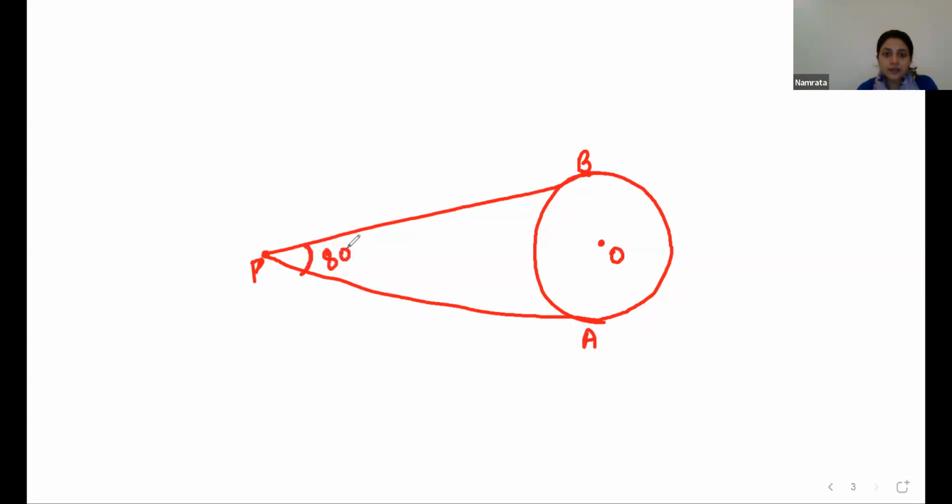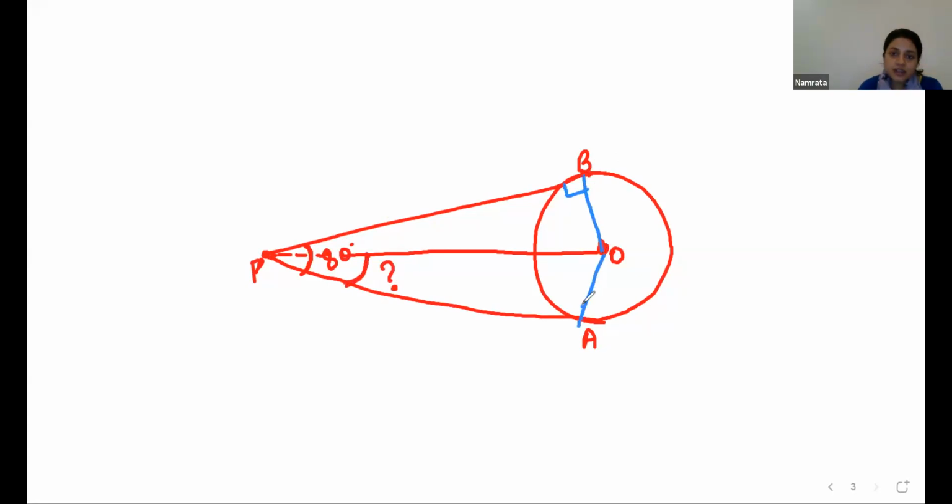What we have to find over here, let me read. We have to find angle POA. So this angle, if this is the center, we have to find this angle. All right. So again, we can join the radius and we can say it's 90 degrees, right? This one here it's 90 degrees.